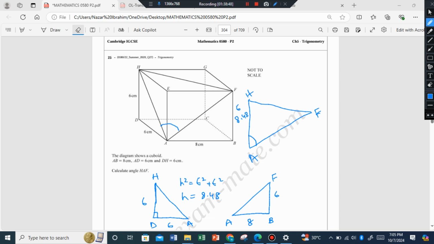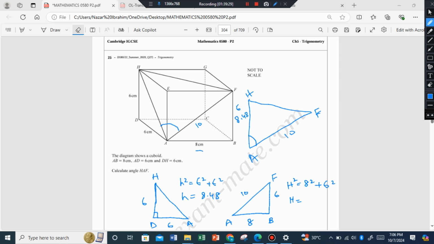So 8 is AB, and BF is 6, right? Again, applying Pythagoras theorem to get the side AF. So hypotenuse square is equal to 8 square plus 6 square. So hypotenuse here will be equal to root of 8 square plus 6 square. It means 10, right? So AF is equal to 10. So I got the second side as 10.